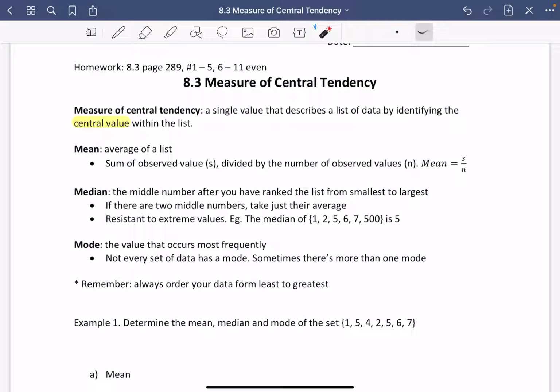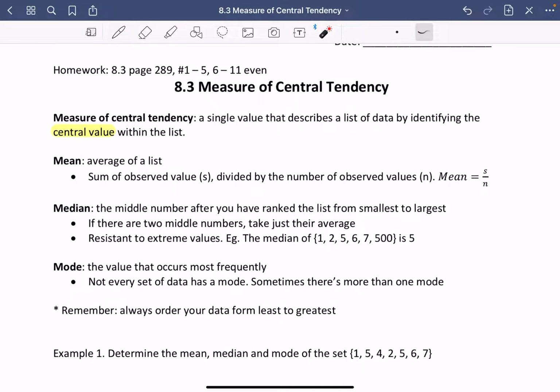The first one is the mean value. Mean value is the average of a list. And the way we find the average is to sum up the observed values, so sum up the data.